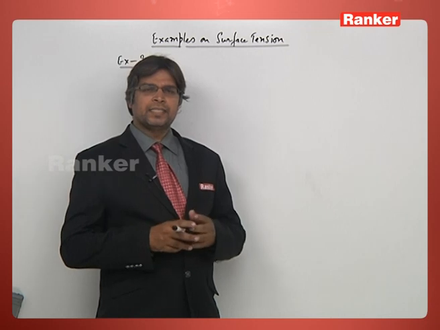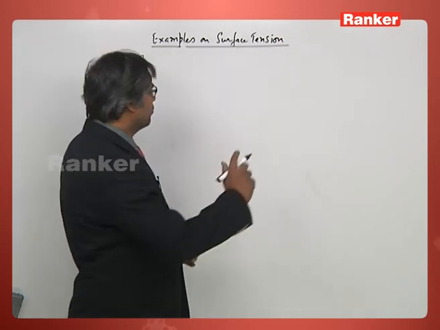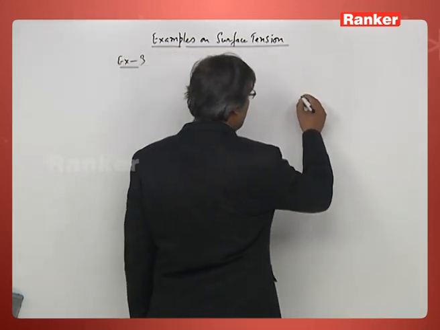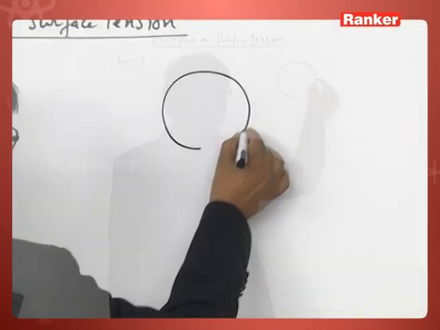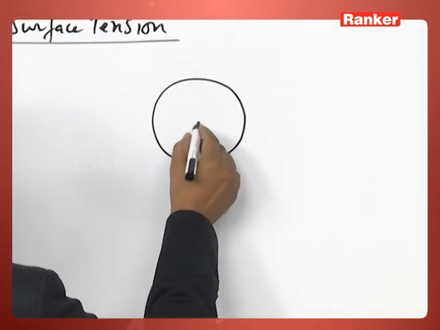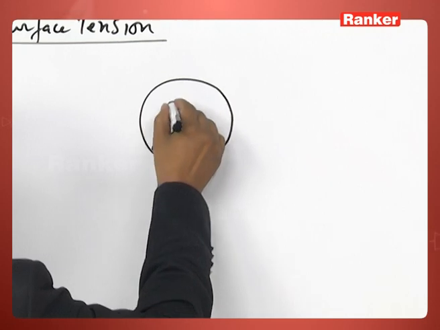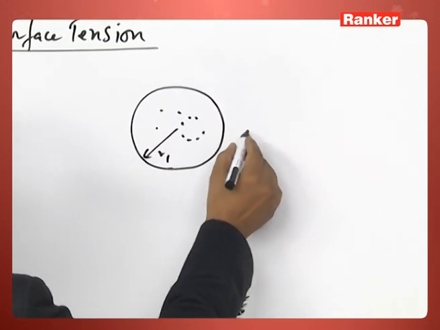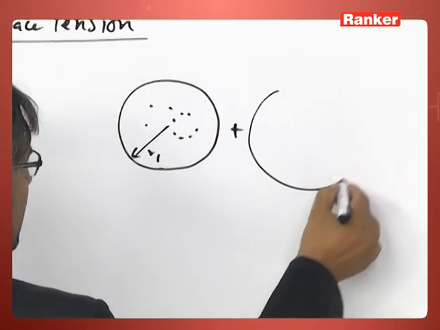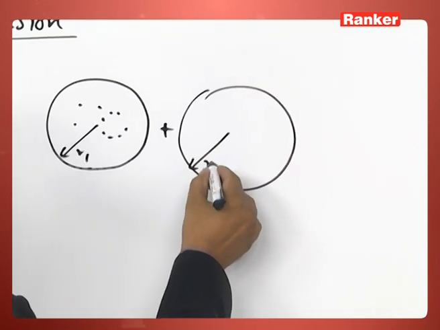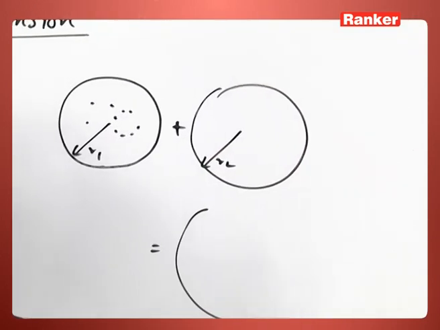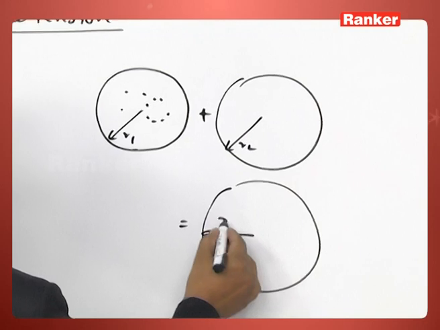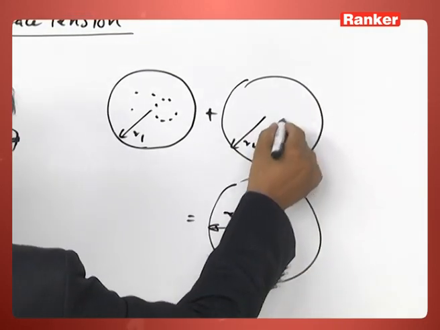Let us take another example where we have two liquid drops. So two liquid bubbles. Suppose this is a liquid bubble of radius r1, and another one of radius r2 is there, and I want to know how much radius of the new bubble will be formed.